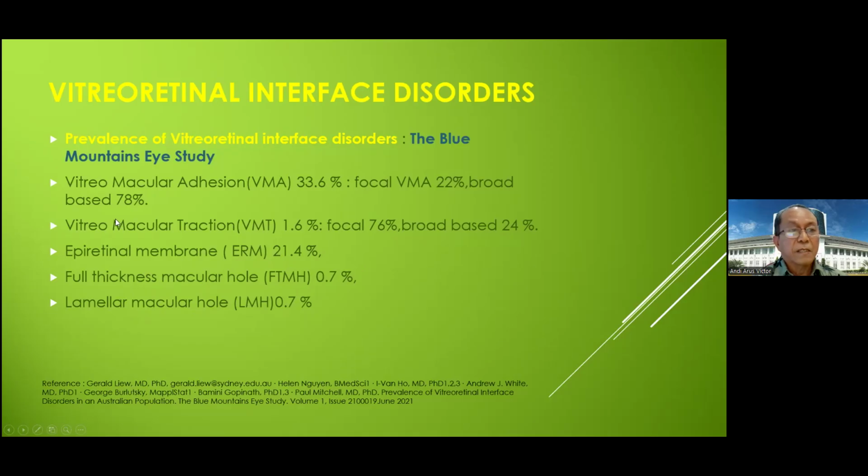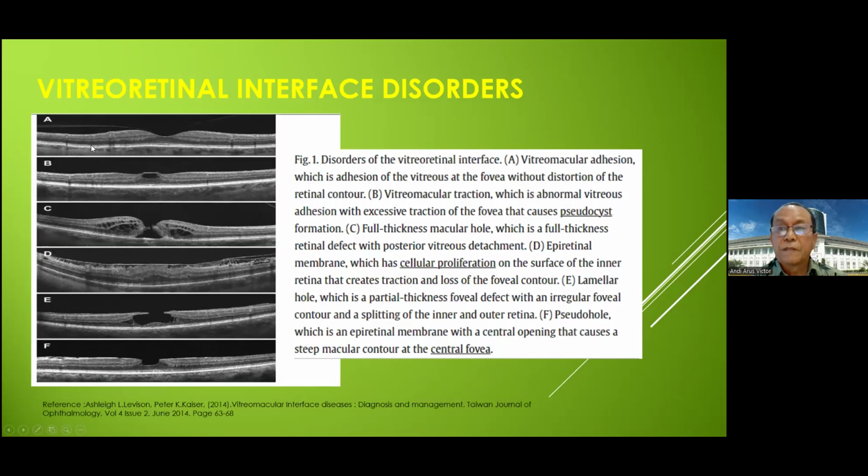This is a picture of the OCT appearance. A is vitreomacular adhesion, which is adhesion of vitreous at the fovea without distortion of retinal contour. B is vitreomacular traction with traction of the macular area forming a cystic form.